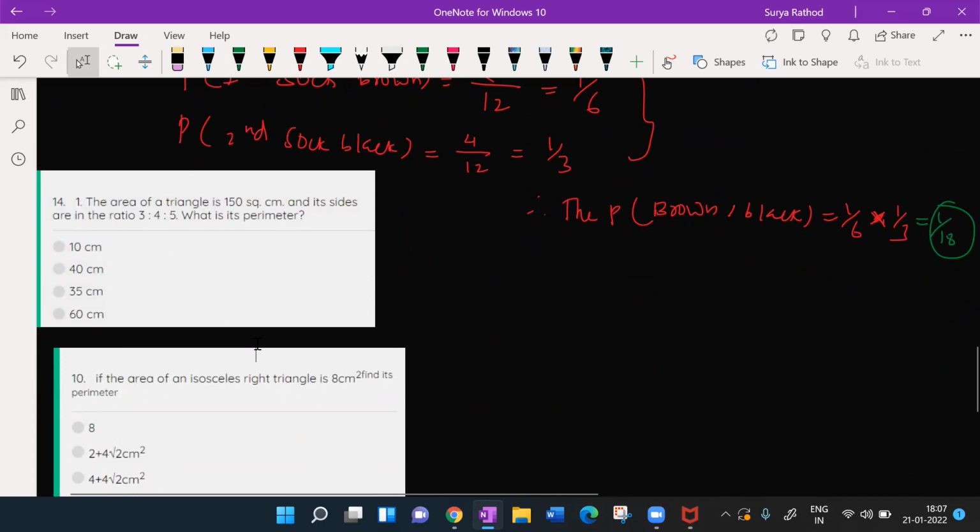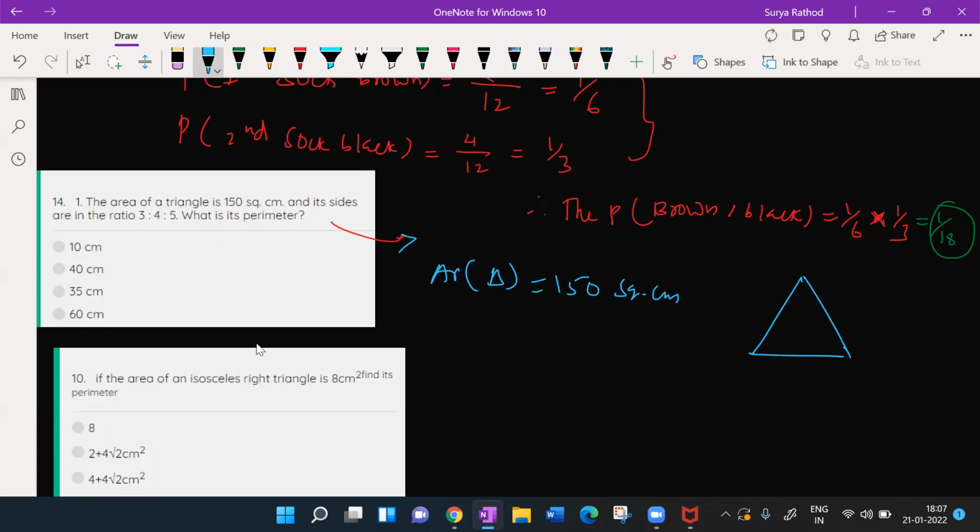The area of the triangle is given as 150 square centimeter, and its sides are in the ratio 3:4:5.